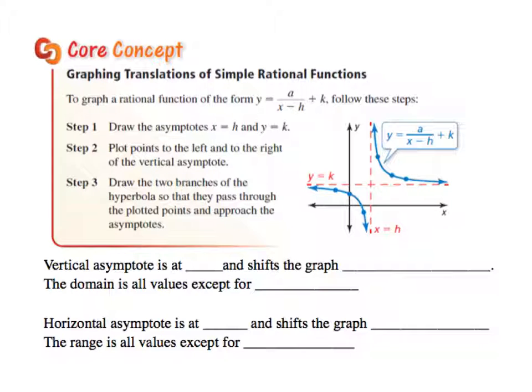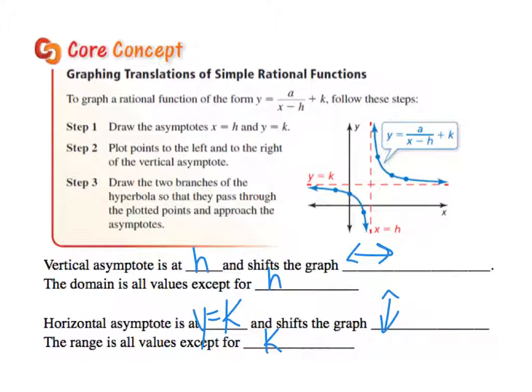So a vertical asymptote is at h, and it shifts the graph left and right. And the domain is all real numbers except for h. Horizontal asymptote is at k, or y equals k, and it shifts the graph up and down, and the range is all real values except for k.